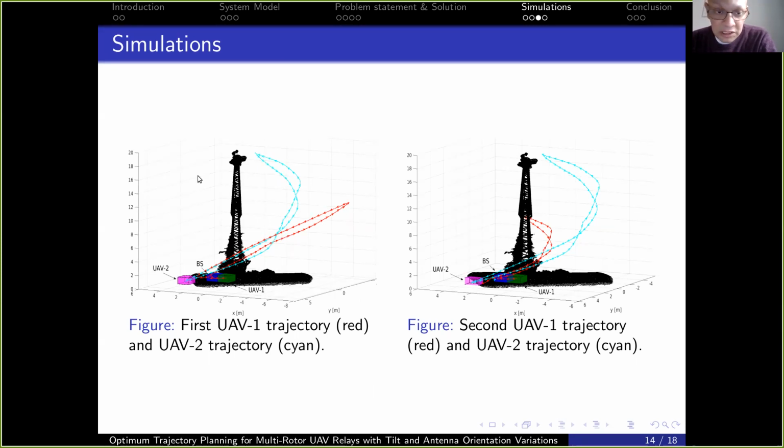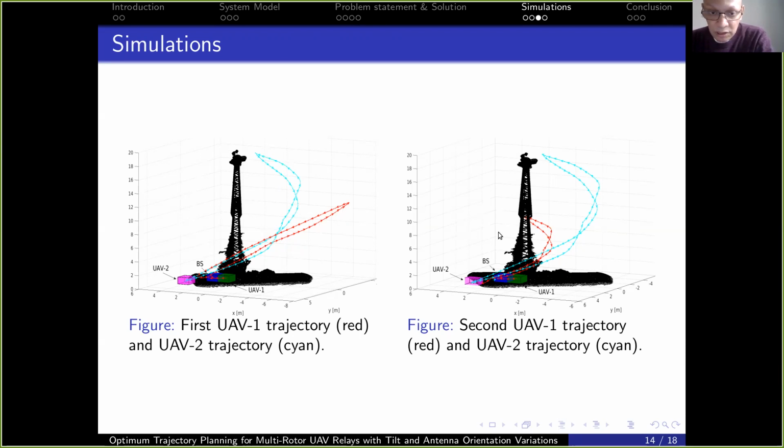This is the first case that we discussed, in which the trajectory of the relay is optimized according to our technique. And in this case, we have the trajectory of the relay optimized disregarding the antenna variations.